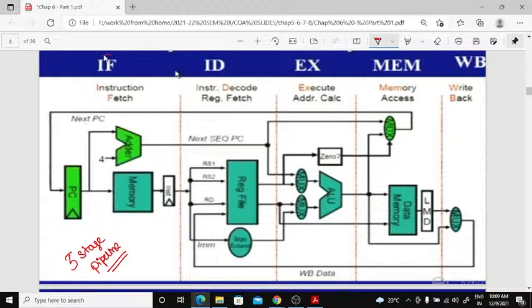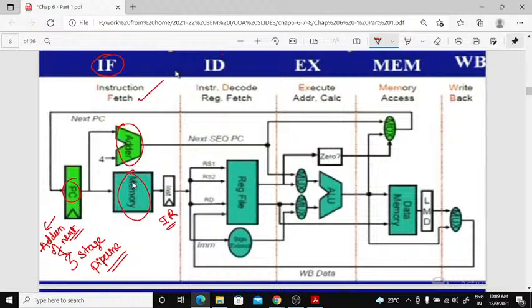Here is the instruction fetch stage, where instructions are fetched. To fetch the instructions, it has an instruction register, a memory unit, an adder circuit, and the program counter that specifies the address of the next instruction to be fetched.